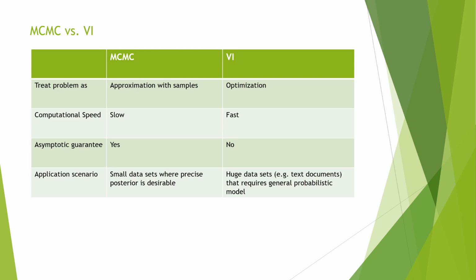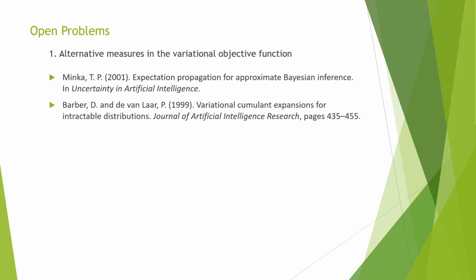As a result of these differences, we also see different application scenarios. MCMC is really suitable for small data sets where a precise posterior is really desirable. And researchers will apply VI to analyze huge data sets like text documents and image histograms that only require a general probabilistic model. So in the last part of the presentation, we'll look at some of the popular and open problems in this field.